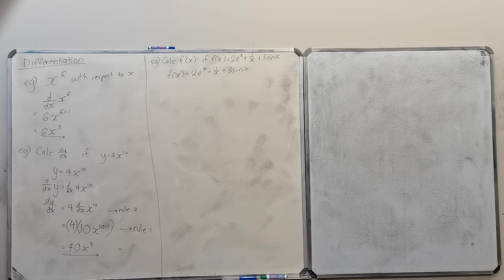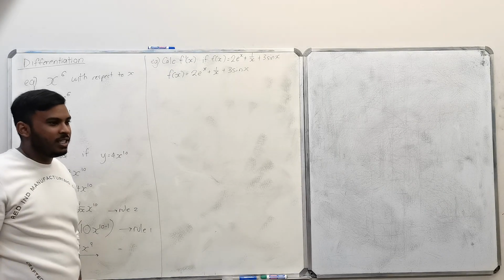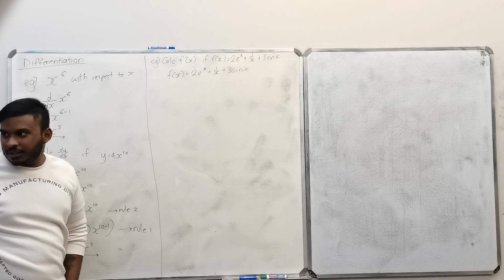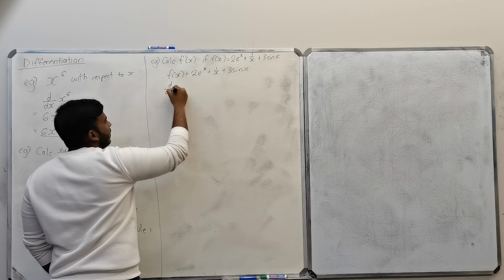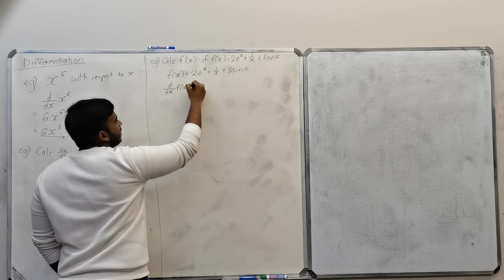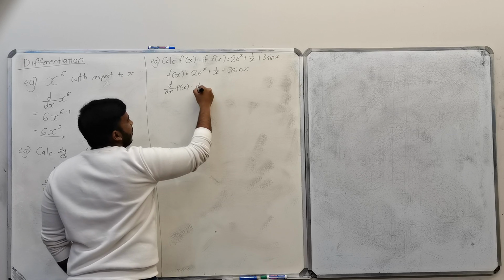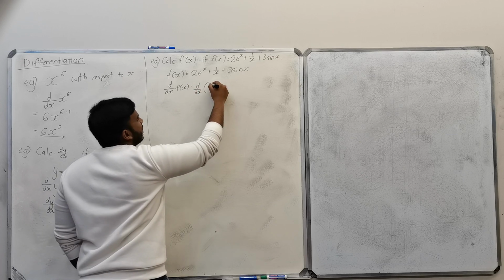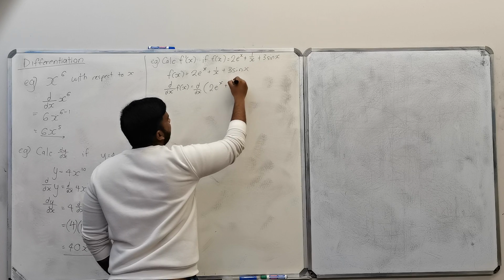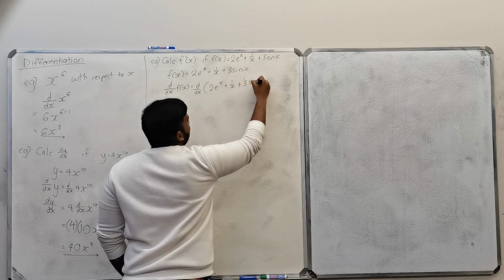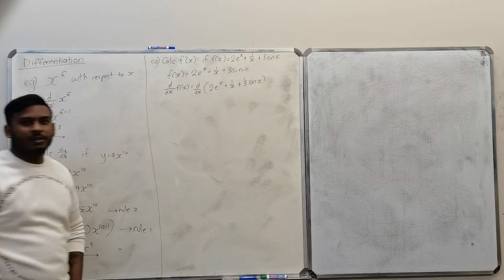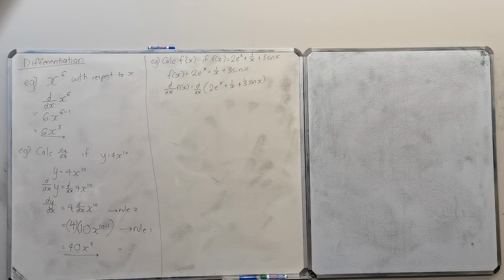Now introduce d over dx on both sides. So this would be d over dx of f of x equal to d over dx of 2e^x + 1/x + sin x.